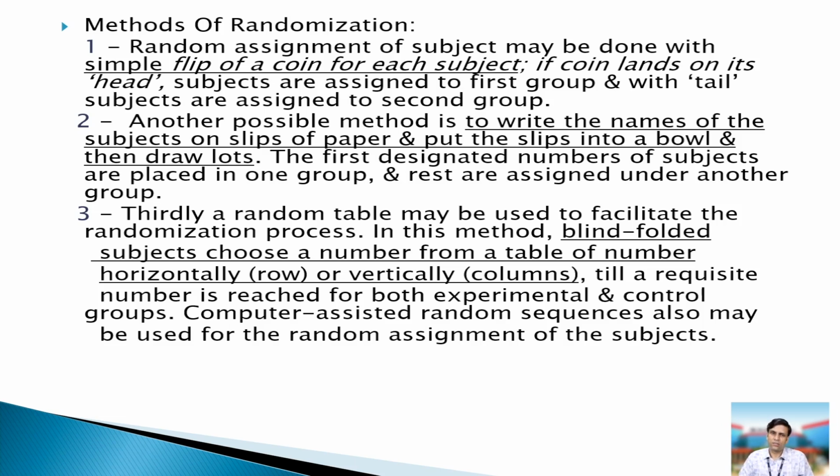The third one is the random table. So there will be a random table prepared on which, vertically and horizontally, the number allotted or the code of the subject will be written, and a person who is blindfolded chooses a number from the table, either horizontally or vertically, till the requisite number is reached for both experimental and control groups.